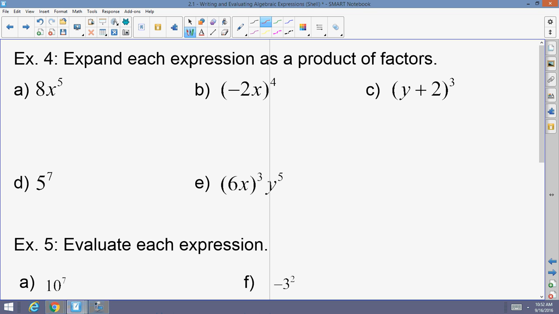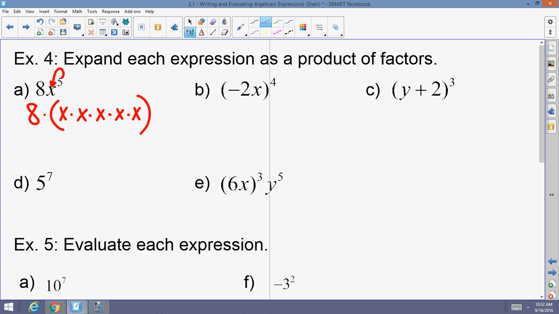Let me explain. This 5th power only affects the x, y'all, not the 8. So this is really 8 times x times x times x times x times x. I want you to understand what this means. We can't work with it unless we know what it means. Okay?